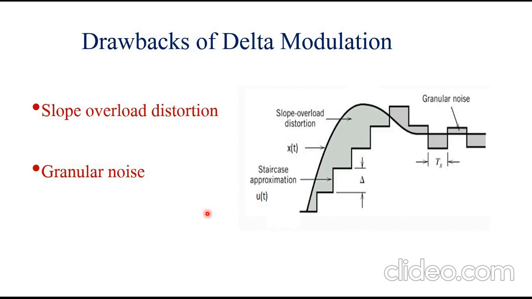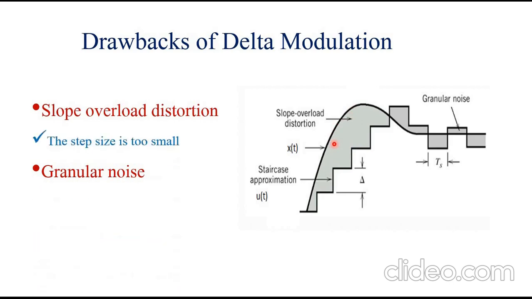So number one is slope overload distortion. This distortion arises because of the large dynamic range of the input signal. As you can see in this figure, the rate of rise of the input signal x(t) is so high that the staircase signal cannot approximate it.